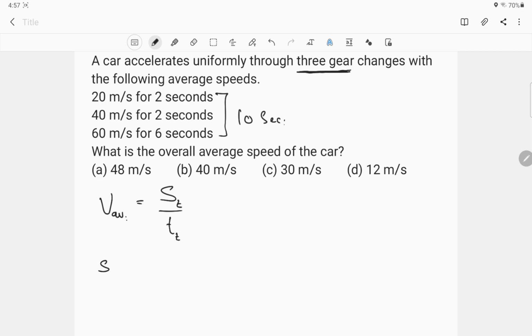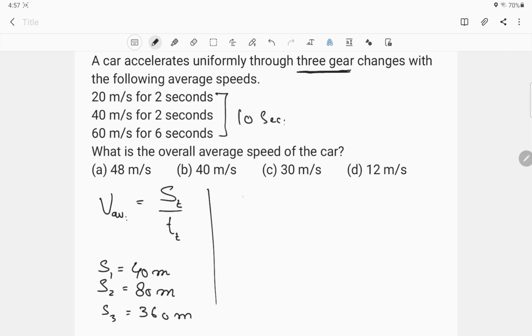So distance 1 is equal to time into velocity. Time is 2 seconds, velocity is 20 meter per second, and this is 40 meters. S2 is 2 into 40, 80 meters. S3, that is 6 into 60, that is 360 meters.